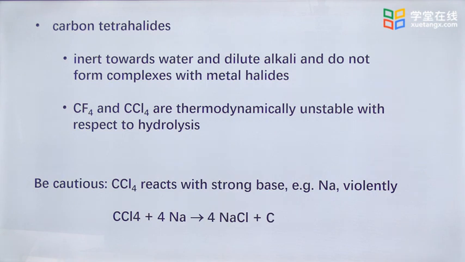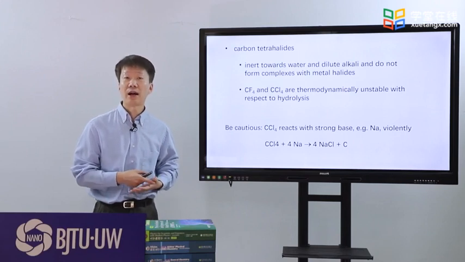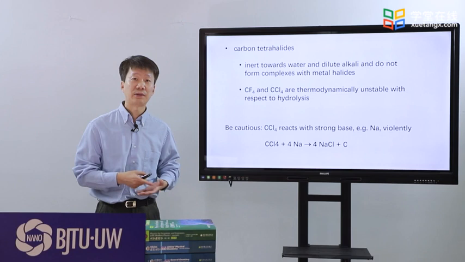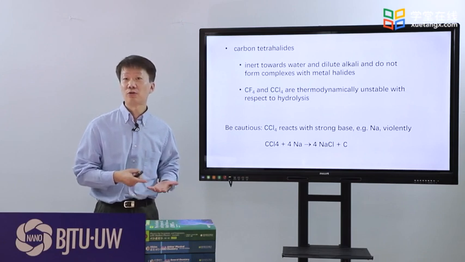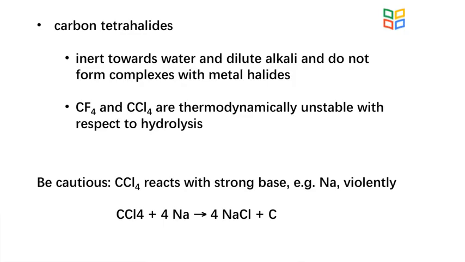They are inert towards water and dilute alkali, and do not form complexes with metal halides. In fact, carbon tetrafluoride and carbon tetrachloride are thermodynamically unstable with respect to hydrolysis, but kinetically stable. Be cautious. Carbon tetrachloride reacts with a strong base, for example, sodium, violently.